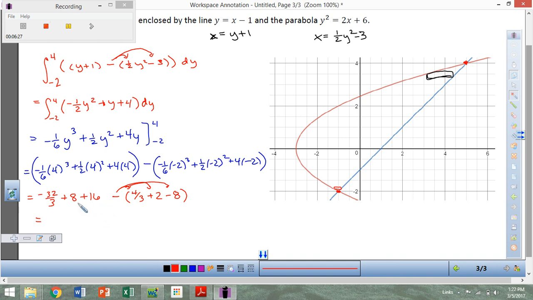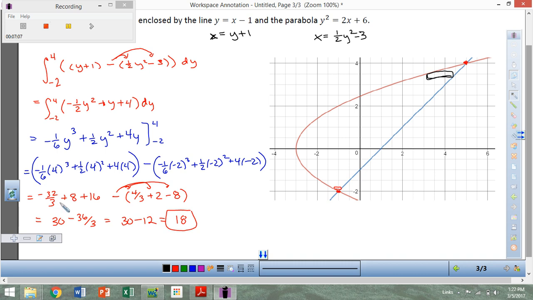So I've got 8 and 16, 24, minus 2 takes me to 22, and then plus 8 will take me to 30, and I've got -32/3 minus 4/3, which would be minus 36/3, and 36/3 is 12, so I get 30 minus 12, which is 18. That's the reason I would do that.